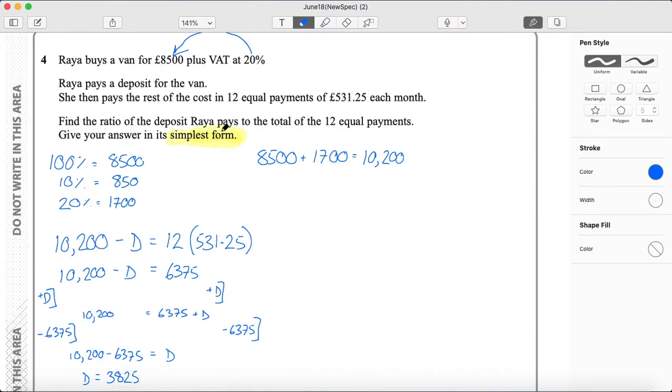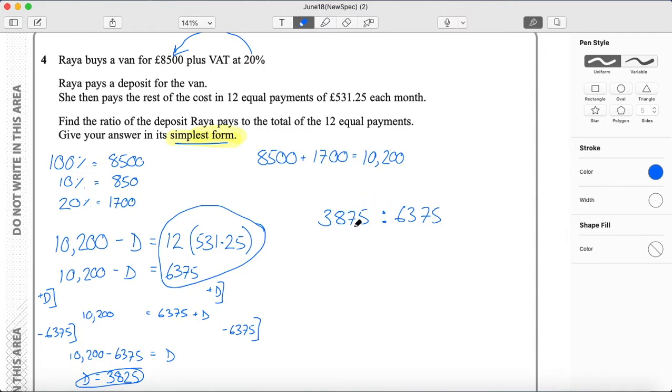So we've worked out both here. We've got the deposit, 3825, and we also have her 12 monthly payments, which turned out to be 6375. So we do have a ratio now, 3875, 6375. However, it's not in its simplest form, so be careful.